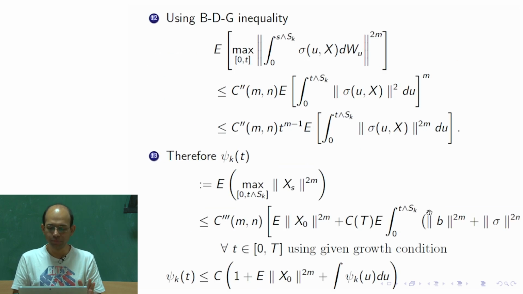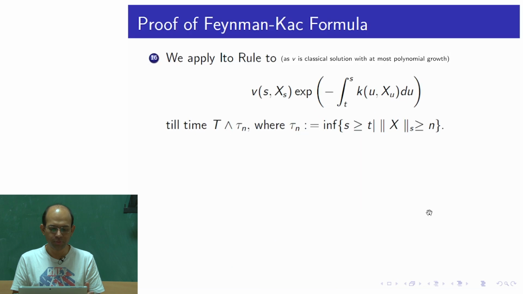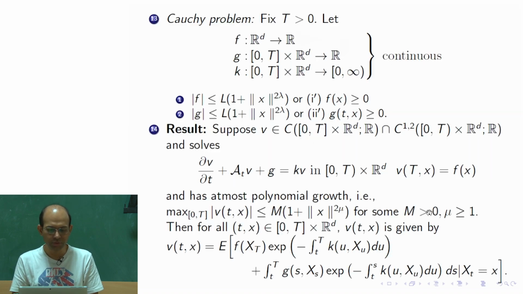So we are good to now start proving the Feynman-Kac formula. Since we have seen that formula before, let us recall what the problem was. This was the Cauchy problem.